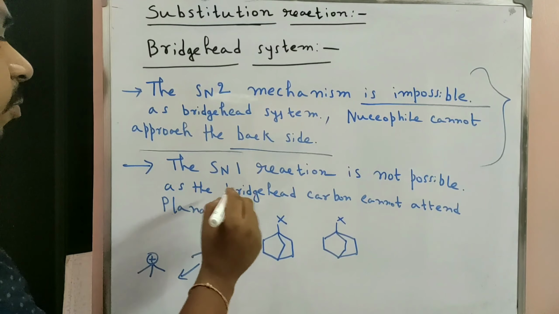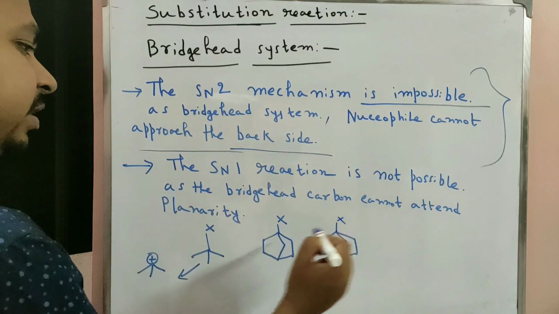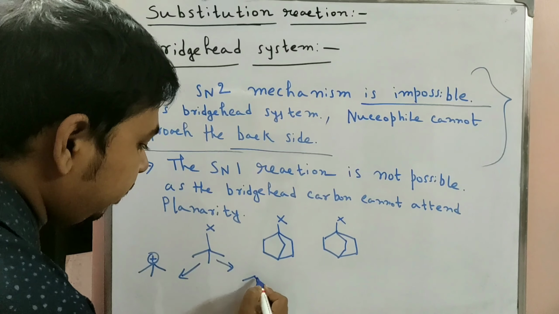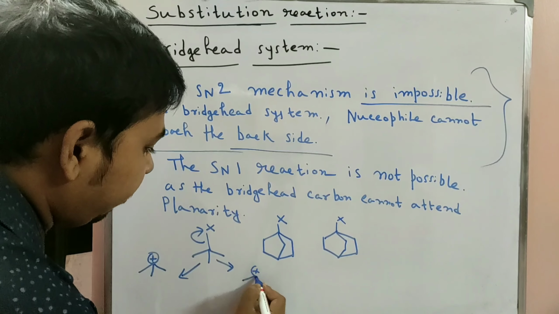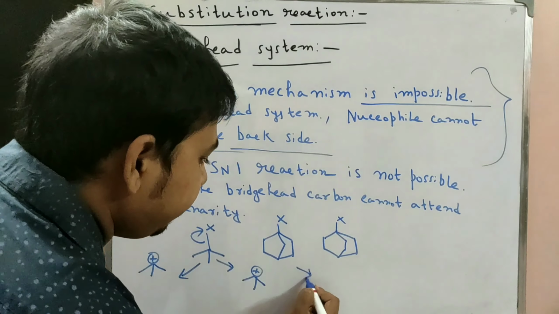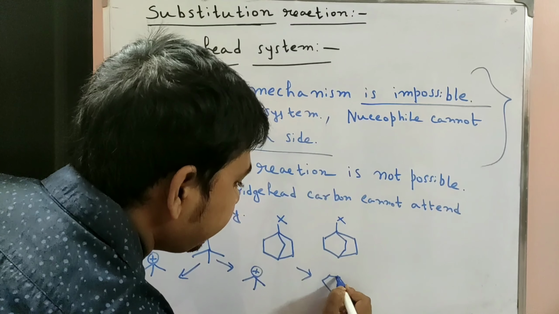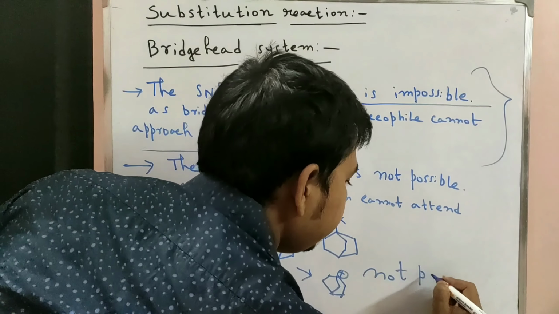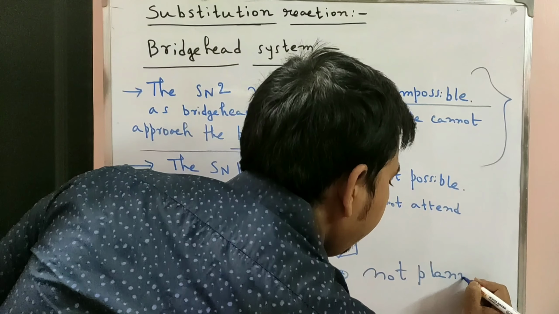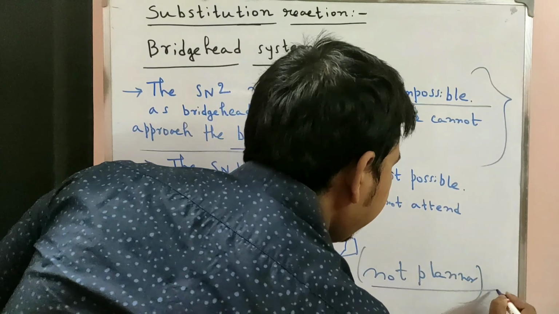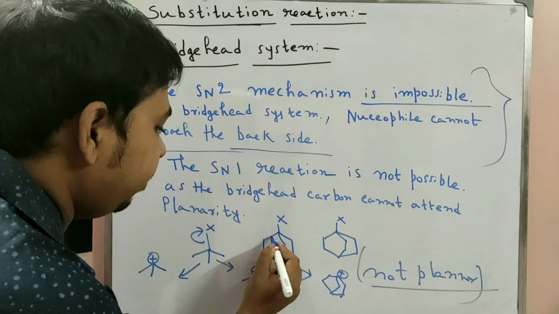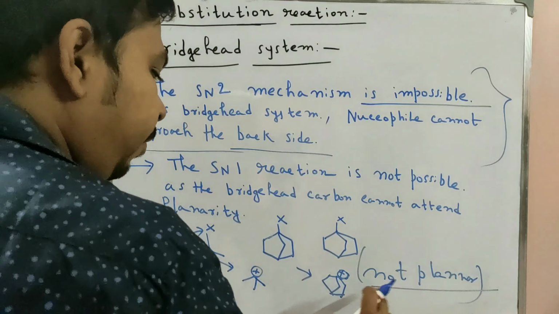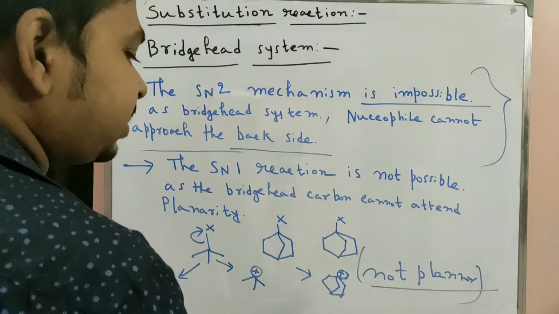And the SN1 reaction is not possible because the bridgehead carbon cannot attain planarity. When X leaves, it forms a carbocation, but in a bridgehead system the system does not become planar. Planarity is not possible here, so the SN1 reaction is not possible.